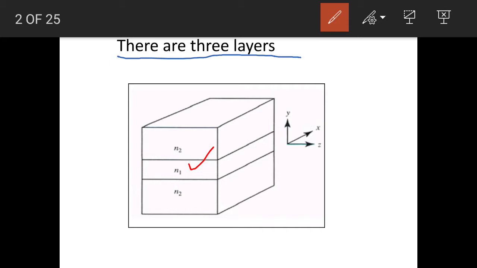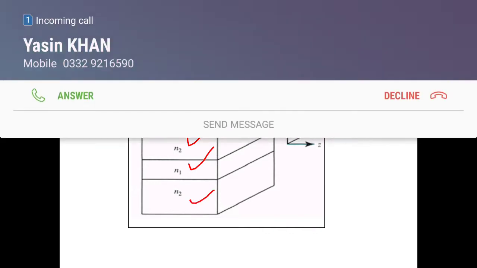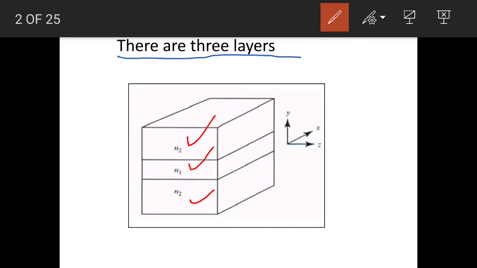The refractive index of the top layer is N2, and the refractive index of the bottom layer is N2. So it consists of three layers.